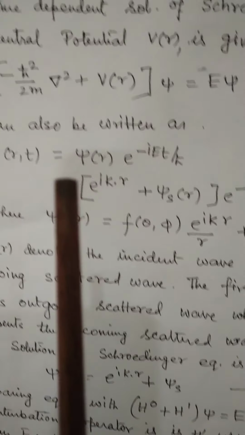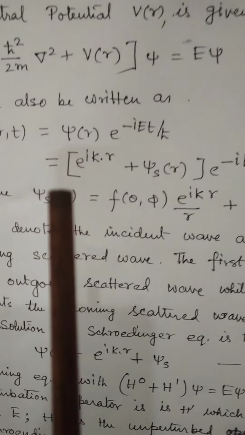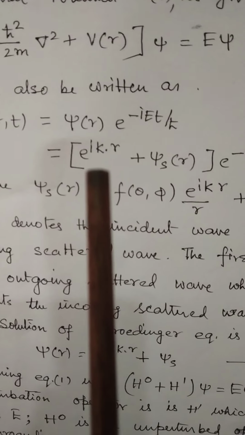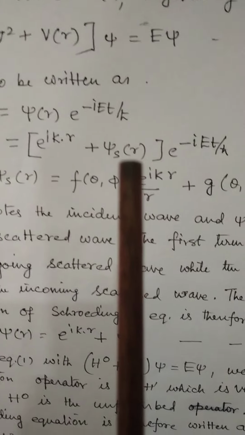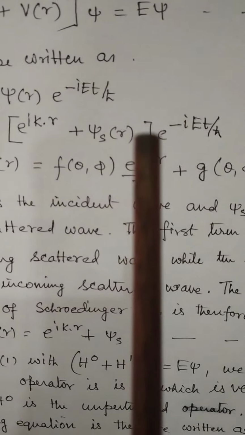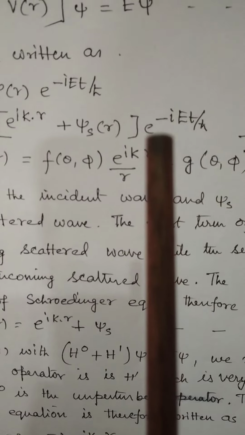That is, we have separated the spatial part and the time dependent part. Now this is equal to e^(ik·r) + ψs(r), multiplied by e^(iEt/ħ).